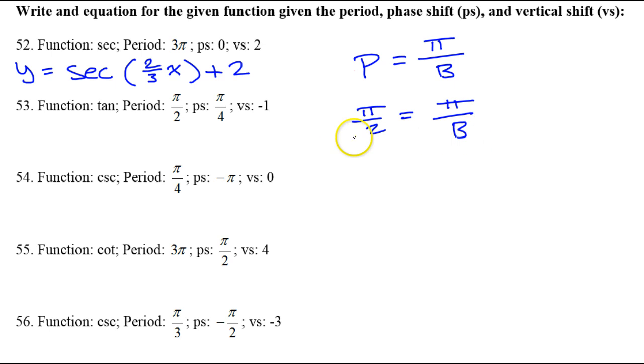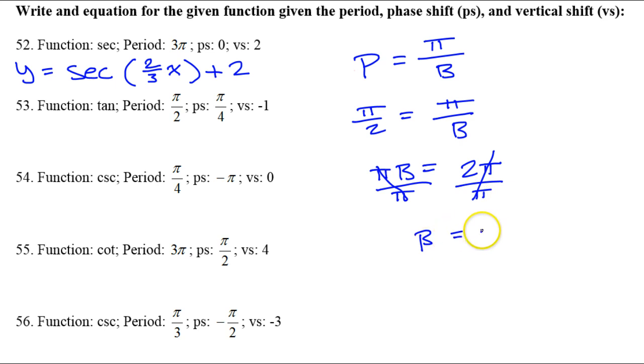I'm not going to swap these because then I'll have a fraction inside of a fraction. Instead, I will cross multiply. Along this diagonal, I have pi b. Along the other diagonal, I have 2 pi. Now if I divide both sides by pi, those cancel out. So I have b is equal to 2.